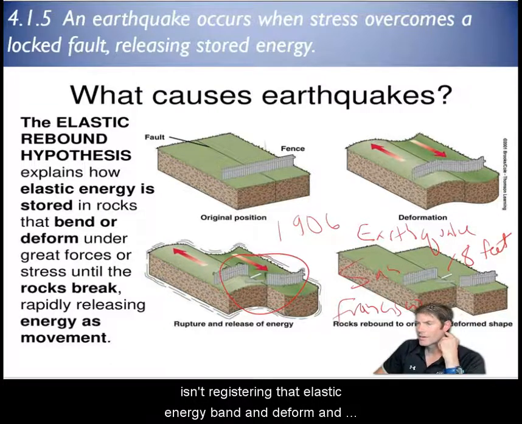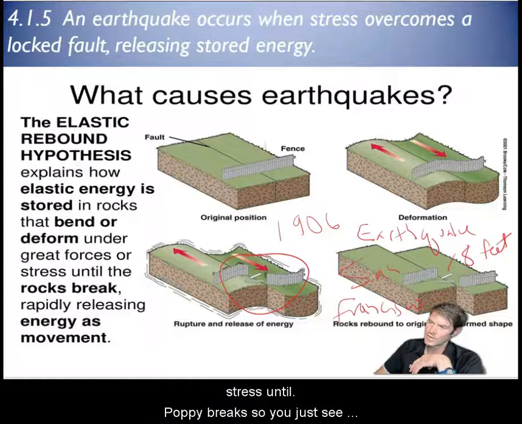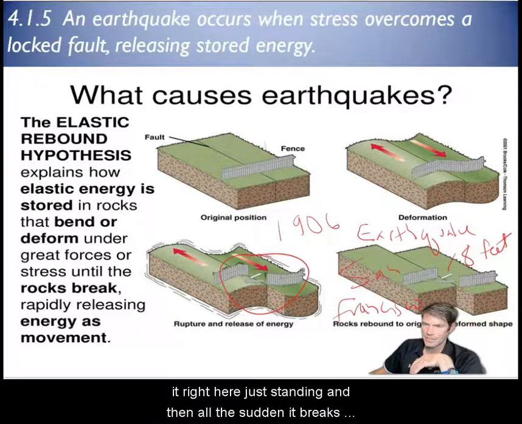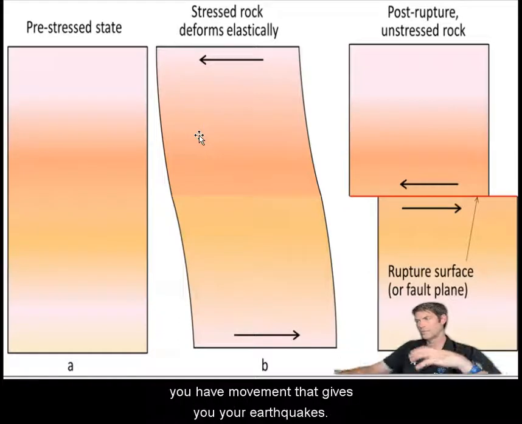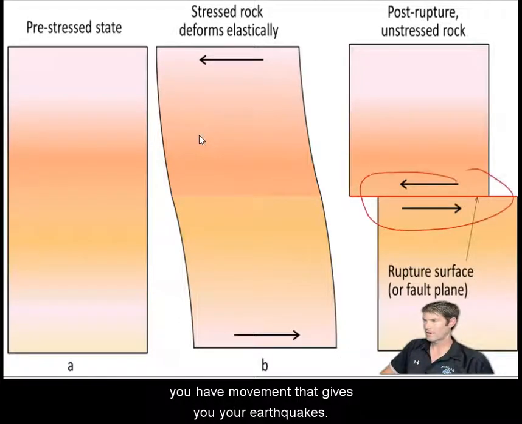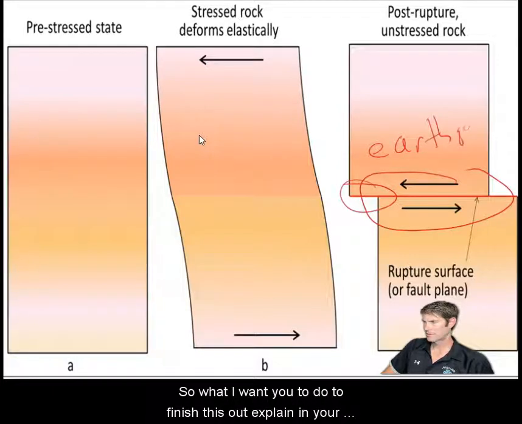Very clear evidence that one part of the land is moving and the other part isn't. It's just storing that elastic energy, bending and deforming and stressing until something breaks. So you see it right here, just that bending, and then boom, all of a sudden it breaks, you have movement, and that gives you your earthquakes.